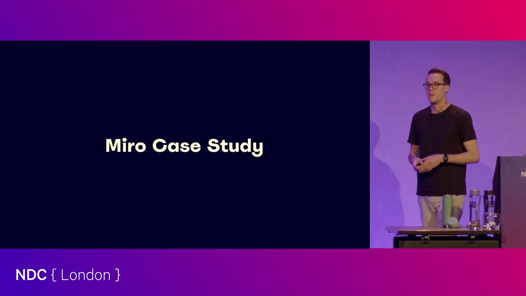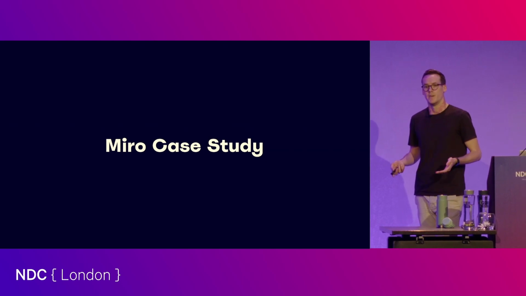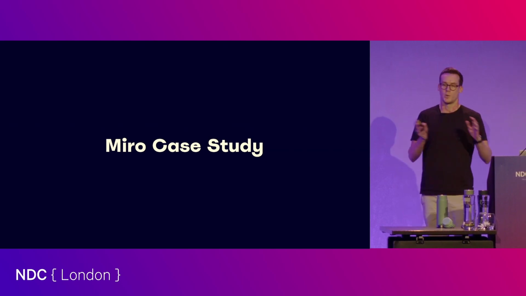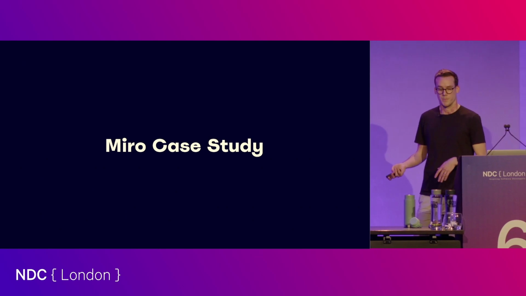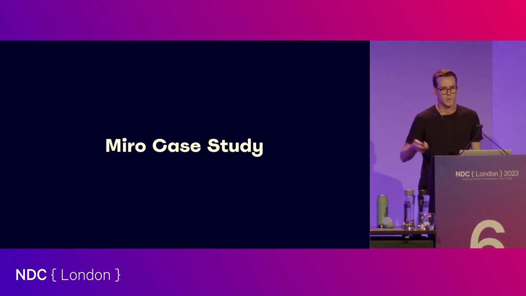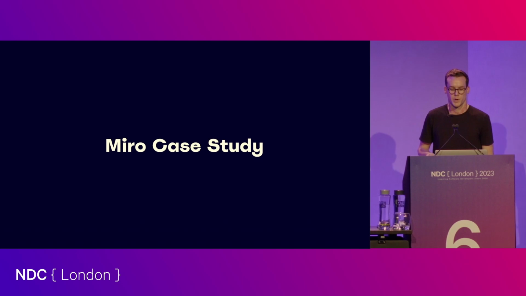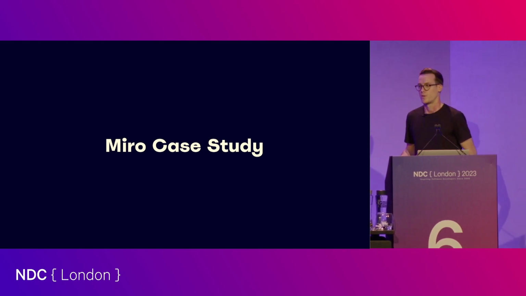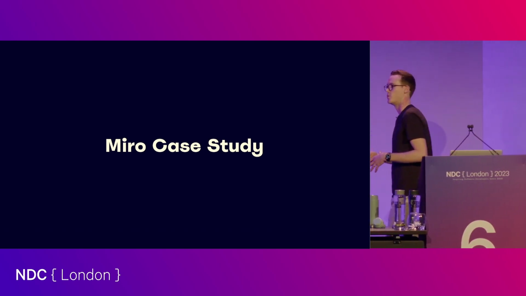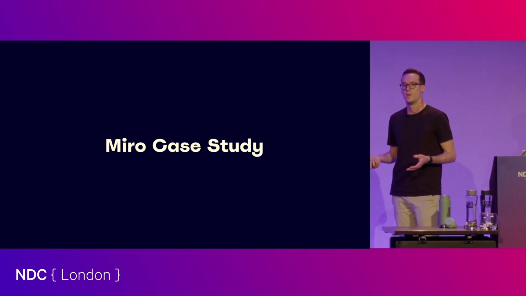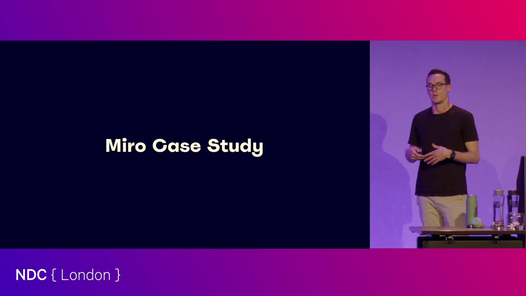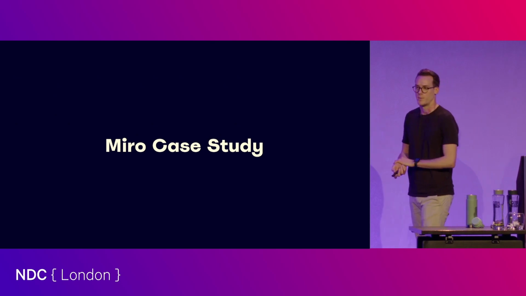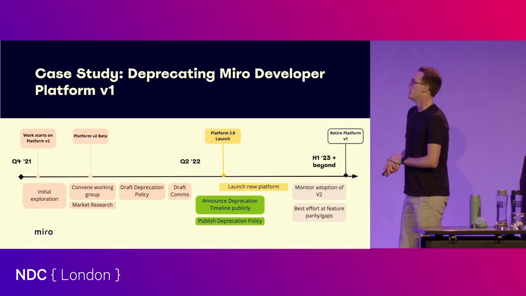So we needed to come up with a deprecation policy to handle the offloading of our older platform as we introduced our new one. And I'll talk about this in the timeline on the next slide, but another thing we did was we tried to streamline our messaging so that when we released our new platform, we also at the same time were talking about deprecation of the old one, so that we weren't sending out multiple messages about the same thing. So let's take a closer look.